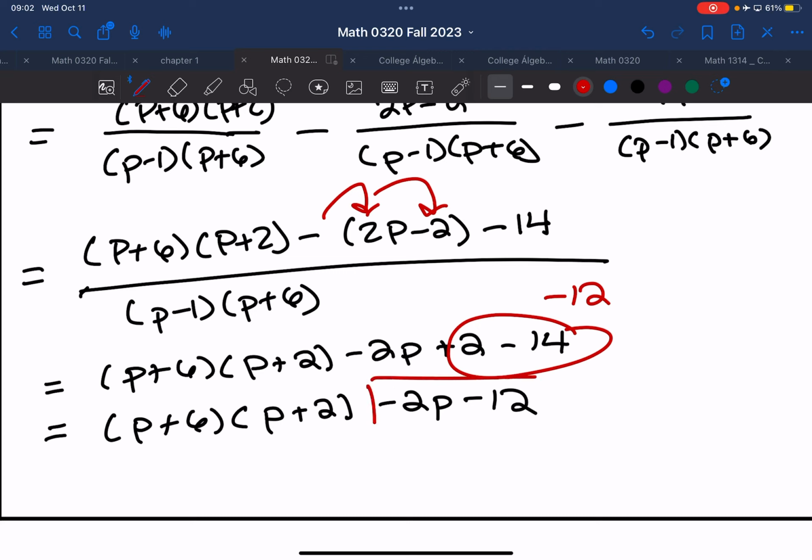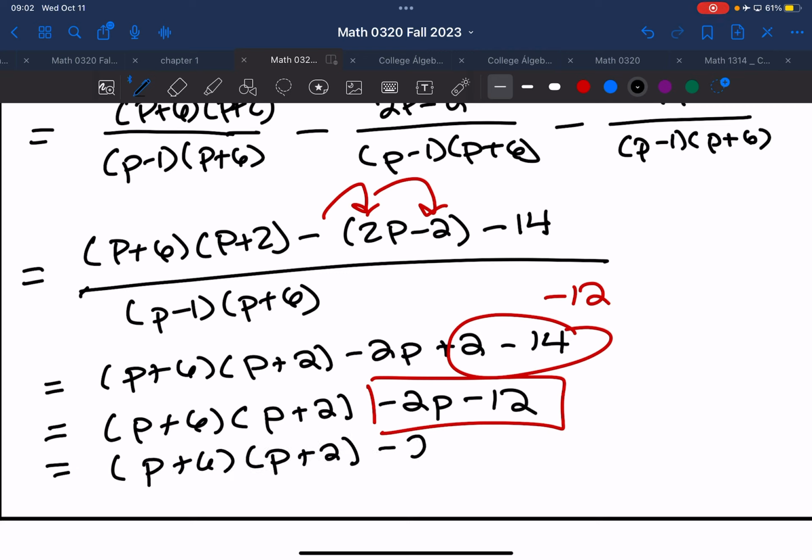Can I take a GCF out of that negative 2p minus 12? Yes, what GCF can I take out of that? I could take out a 2 or I could take out a negative 2. When I do that, I have p plus 6, p plus 2, take out a negative 2, and I'm left with p plus 6.